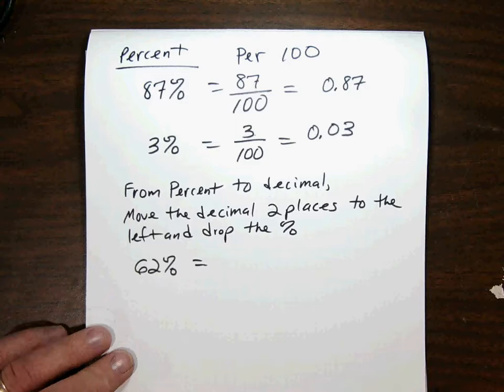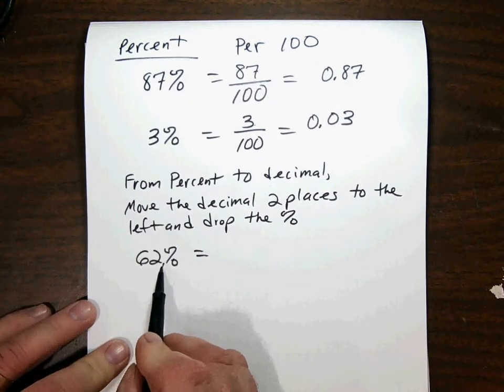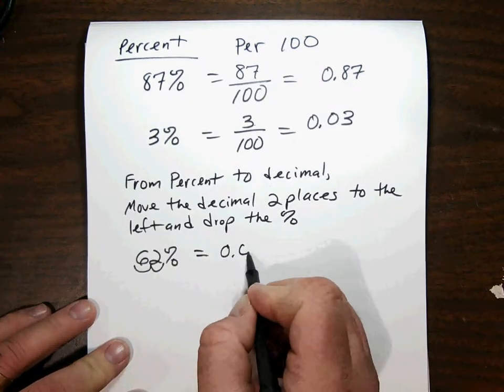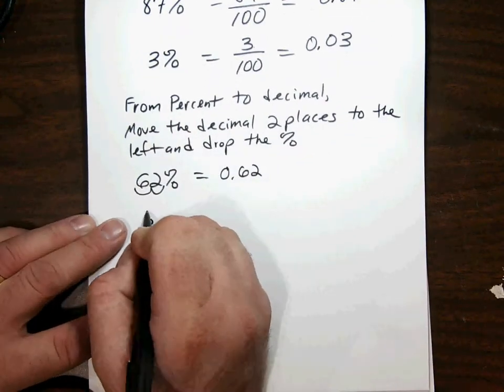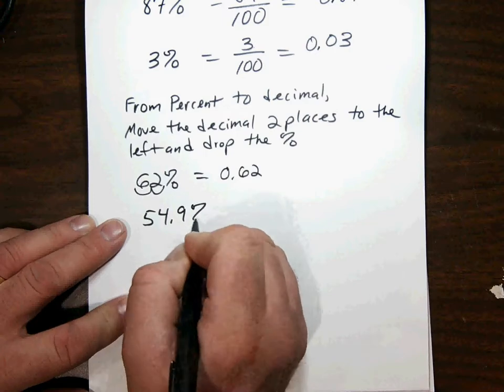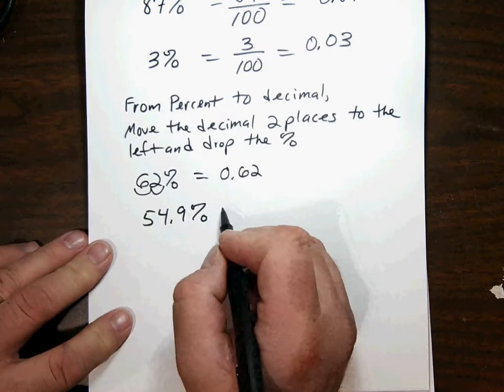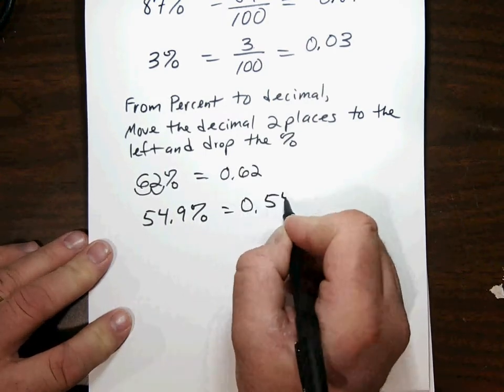62%. Move the decimal 2 places to the left, drop the percent sign. 0.62. 54.9%, 2 places to the left, 0.549.